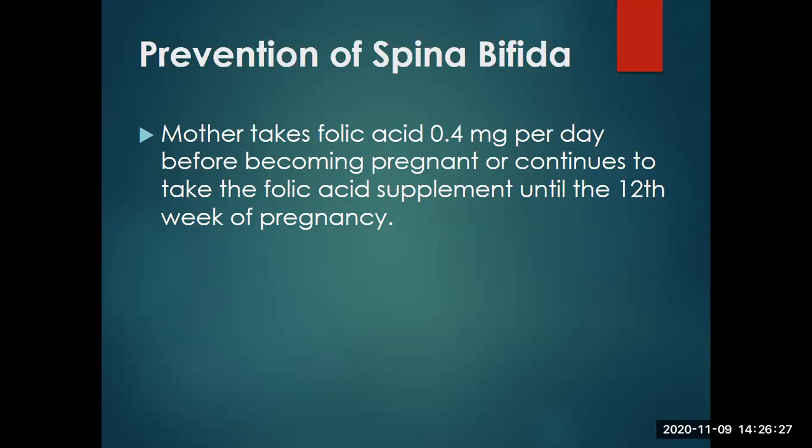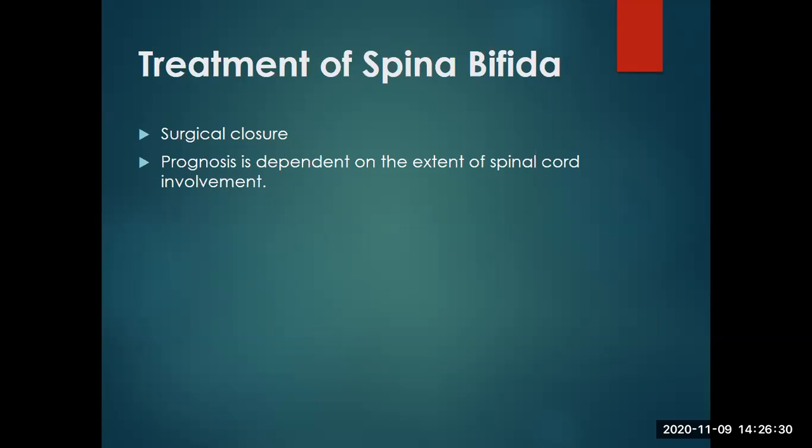In your book, it gives you wonderful pictures of each type. When you look at the pathophysiology, spina bifida occulta, the one that's hidden, that's picture A. So you have A, B, and C, and A is the spina bifida occulta. Then B is spina bifida cystica. What you see is more like a sac or a cyst.